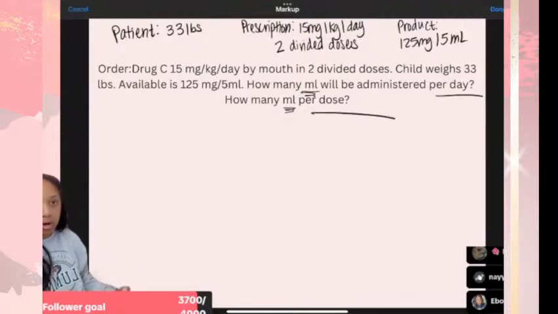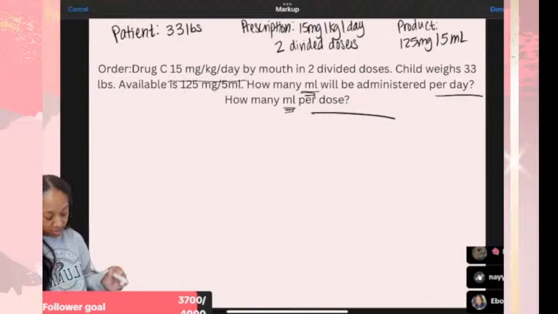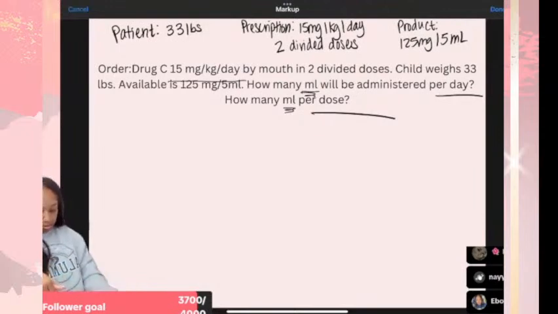So let's do the first part on how many milliliters per day. So if you look at the order, this will tell you that it's 15 milligrams per kilogram per day, okay? And then it goes on to say that you have to divide that amount into 2 doses. So the first part will use the weight and the prescription, okay?